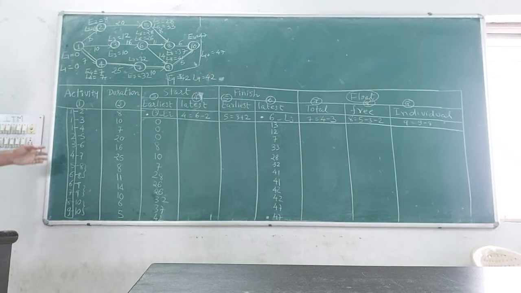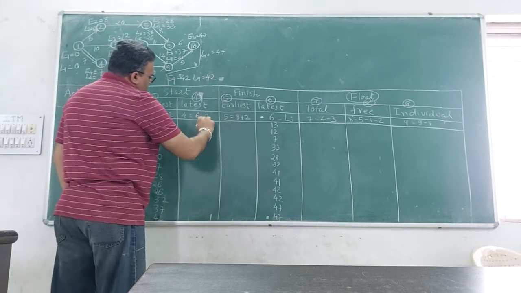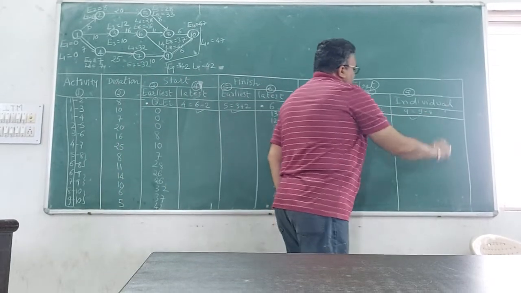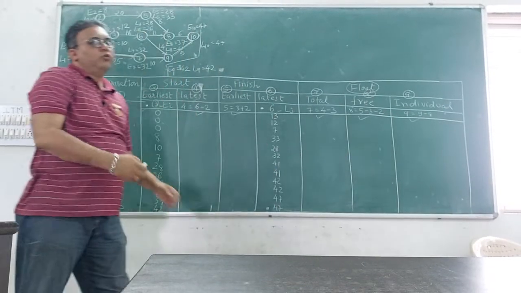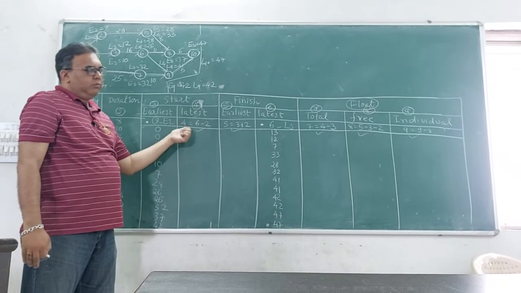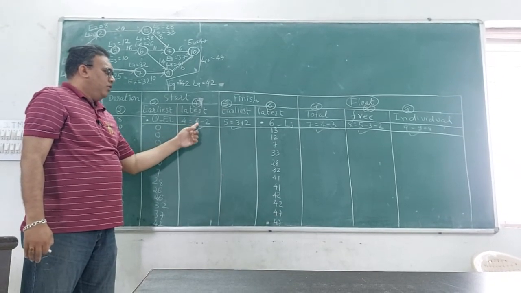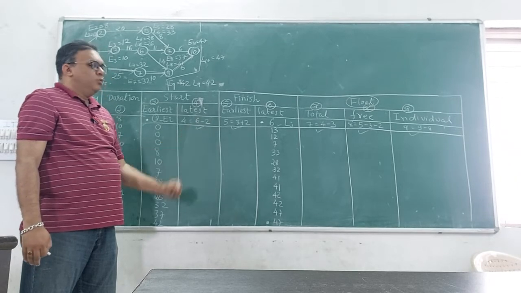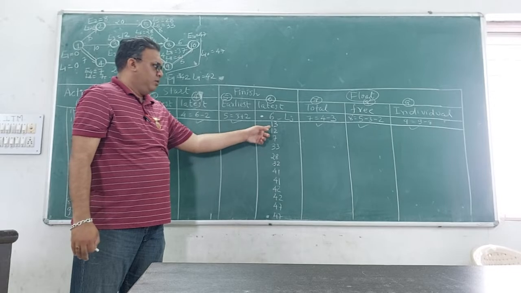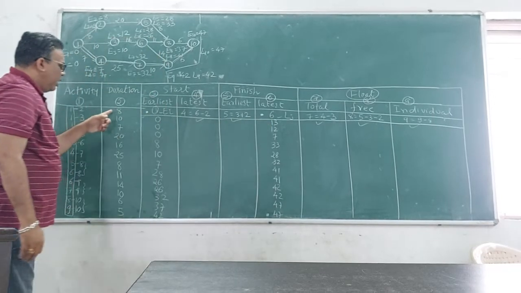Okay, now these are the column names which I mentioned, and as per the formula you have to do some calculation. For example, column number 4, the formula is column number 6 minus column number 2. So the value of column number 6 is 13, minus column 2, which is 8.